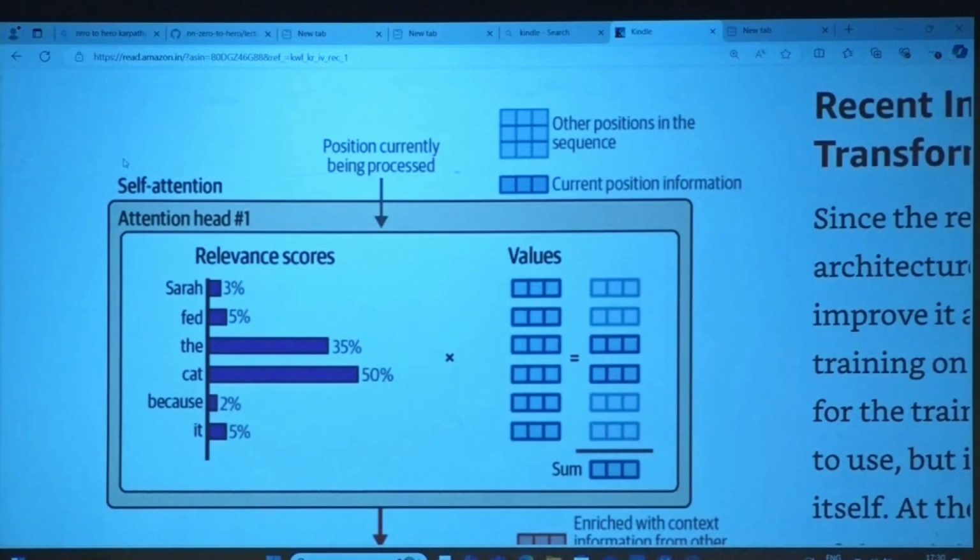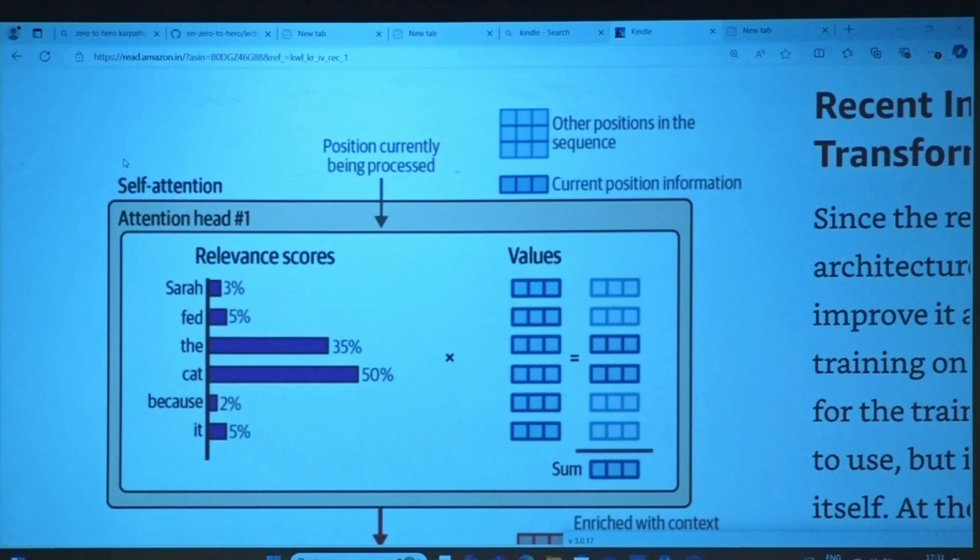Okay. Now if you notice, the values are getting transferred. This is the attention mechanism in action. So if you see, the cat value is the highest. The second highest value is the.